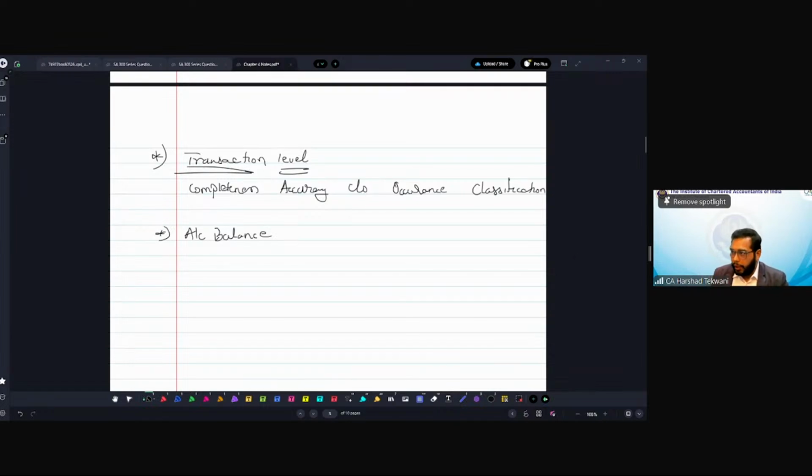Okay, great. So basically, the assertions for the account balance level, as you said, existence is there. Instead of occurrence, it will now become existence, because I'm talking about the account balance level. So existence and occurrence will become existence. Then your completeness will remain completeness.